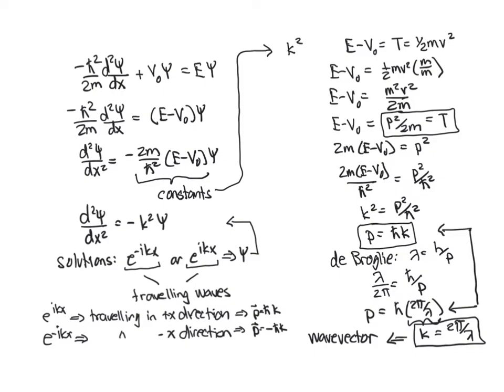The magnitude is always h bar k for both of these, but the direction in which the particle is traveling is different. So we have two possible solutions, and so the most general solution is a superposition or linear combination of the two possible solutions.